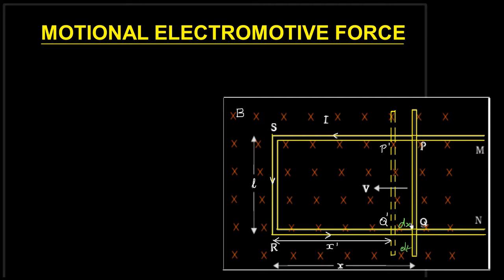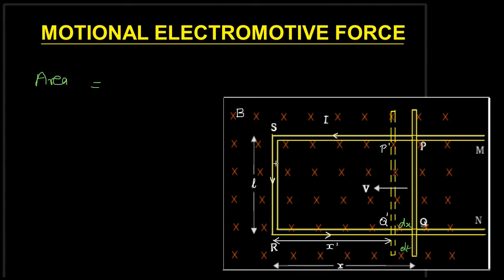When it is at position PQ, what is the area of the coil? The area of the coil is its length into breadth.